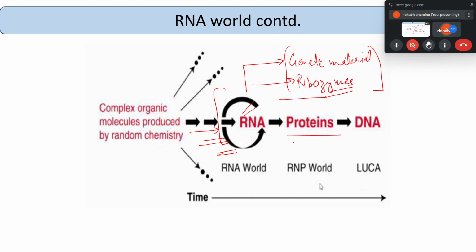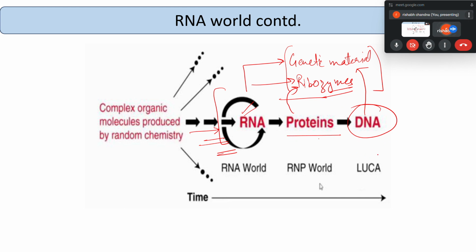Then originated the proteins, that might be from RNA or from other means. It is not clear yet, but these proteins now took over the functions of the ribozymes. And then originated the last and the most important molecule, that is DNA. So this took over the role of genetic material.